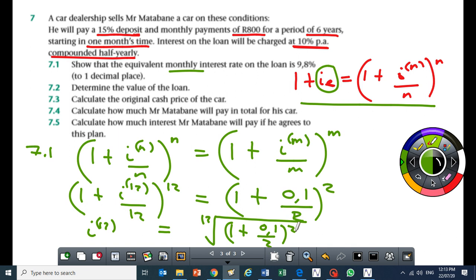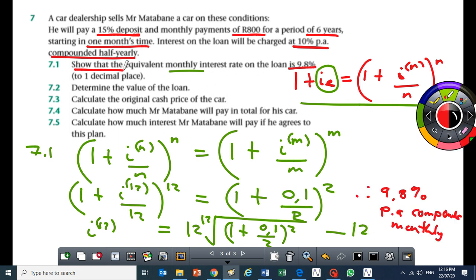Now, because I took the 12th root, I now need to multiply that by 12. So eventually, I have to multiply this by 12, and then I must subtract 12 like that. Right?